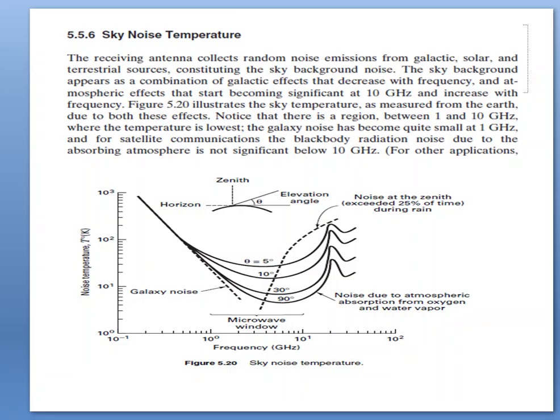The coordinates in the map, declination and right ascension, can be thought of as a celestial latitude and longitude, like those on the Earth's surface. The temperature contours range from a low of 90 kelvins to a high of 1000 kelvins.